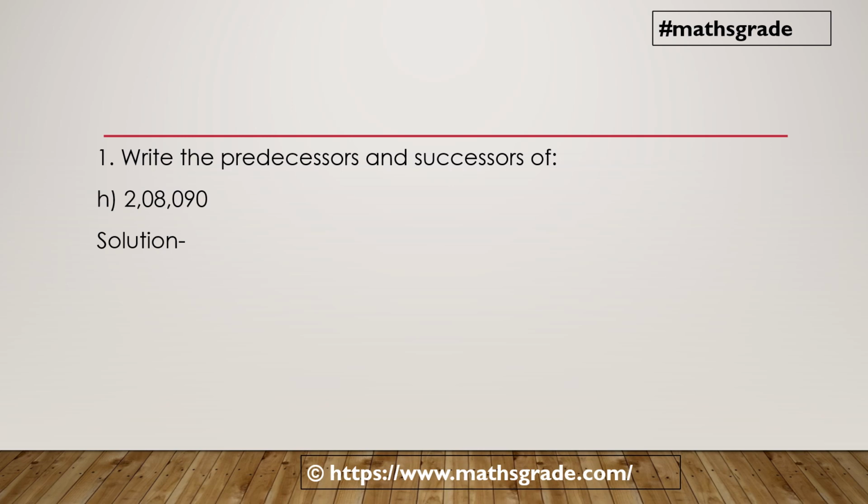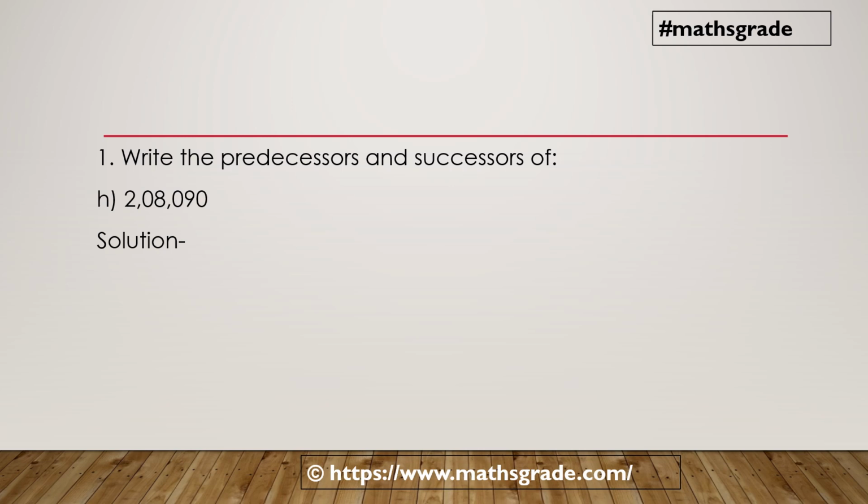Now question number H bit. Write the predecessor and successor of 2,08,090. This is lakh place, 2 is in lakh place, 8 is in thousand place, and 9 is in tens place. So 2,08,090 predecessor, we know predecessor is the before number or the previous number.